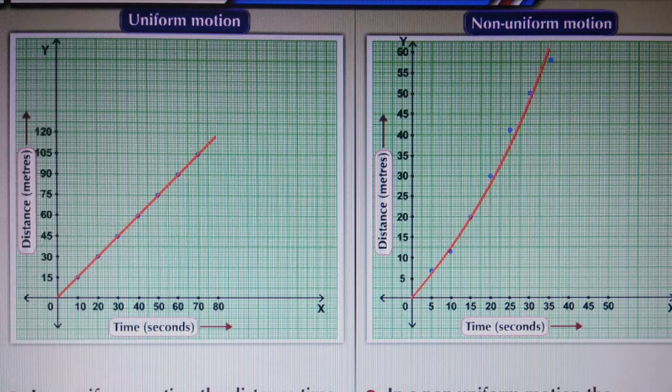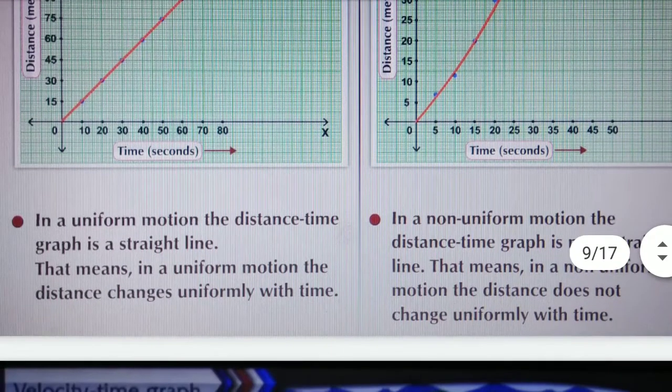But in the non-uniform motion, time goes on increasing and distance also goes on increasing, but they are not increasing in the same proportion, and therefore this graph is not a straight line graph. This is the curve shape graph for non-uniform motion.